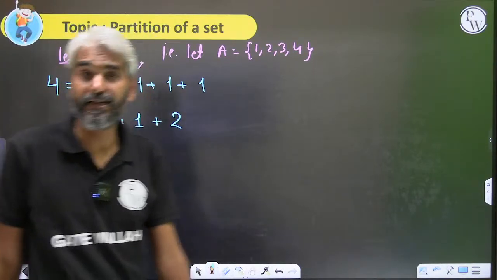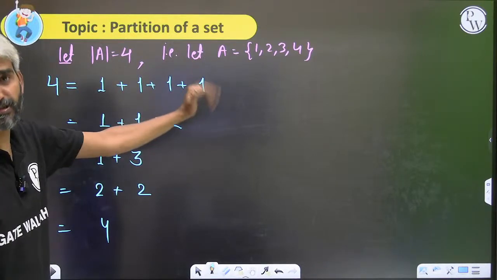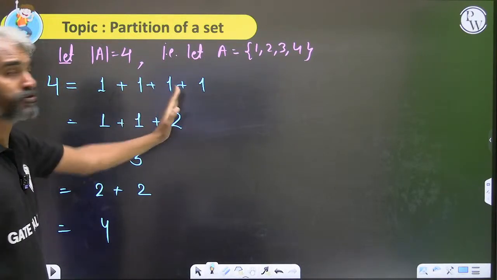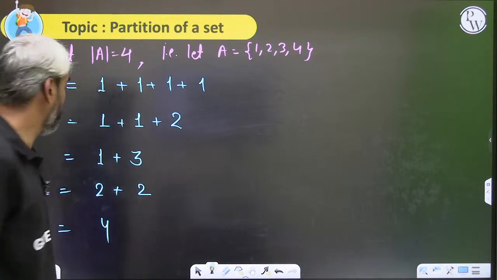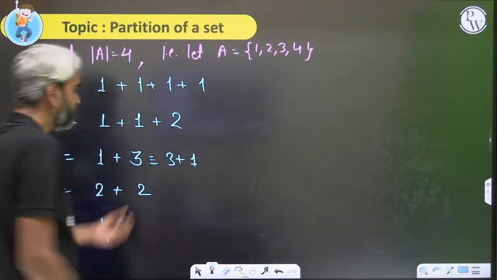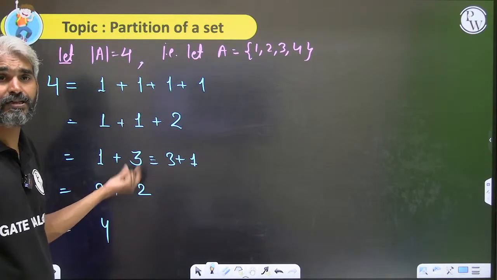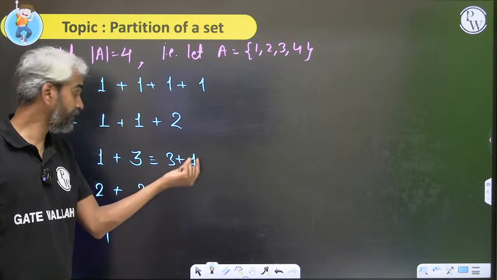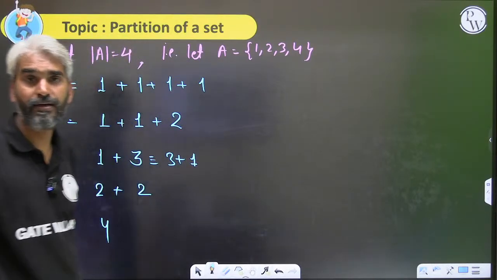So these are the integer partitions of 4: 1 plus 1 plus 1 plus 1 is 4, 1 plus 1 plus 2 is 4, 1 plus 3 is 4, 2 plus 2 is 4. Sir, this is exactly the same as 3 plus 1, because it is only saying that one subset will be of size 1 and another of size 3, or one subset of size 3 and another of size 1, which is actually the same thing.